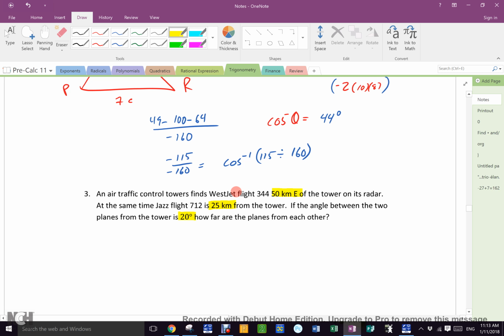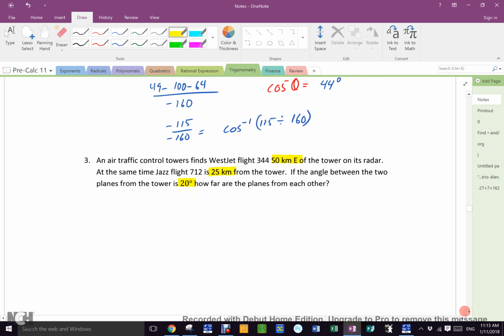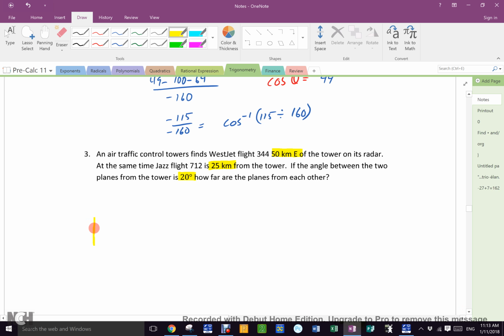All right, so draw it. There's the tower, yes? Everyone agree?